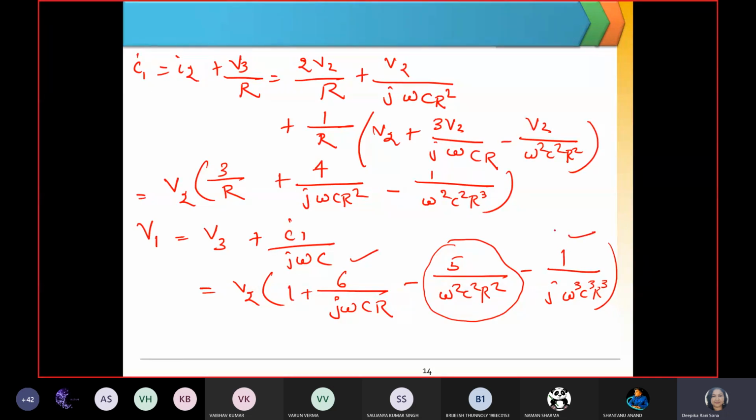This and this one, and this is the real part, right? So equating the imaginary part to 0 to get the frequency factor: 6 divided by j omega CR minus 1 by j omega cube C cube R cube equals 0. So let's solve this part.